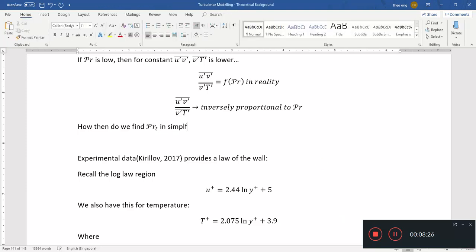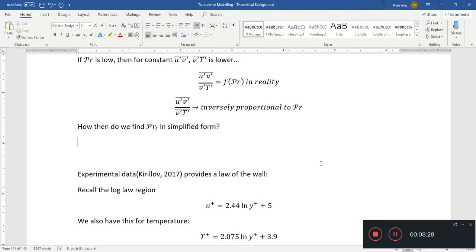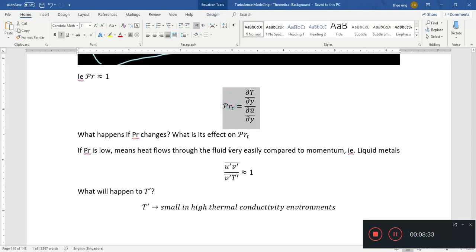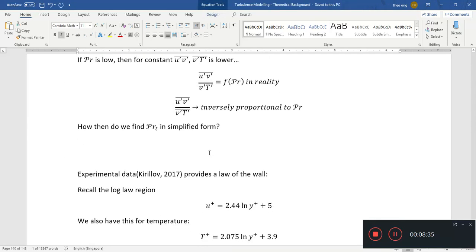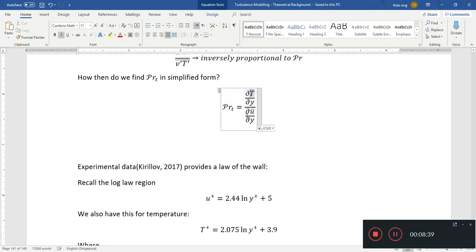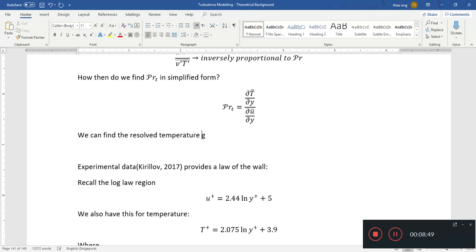How do we find it? We go back to our relation here, and we find that dT/dy and dU/dy we can find near the wall. We can find the resolved temperature gradients near the wall.